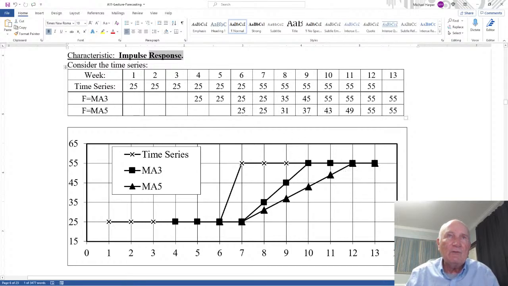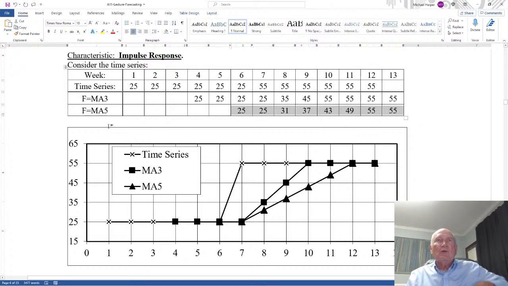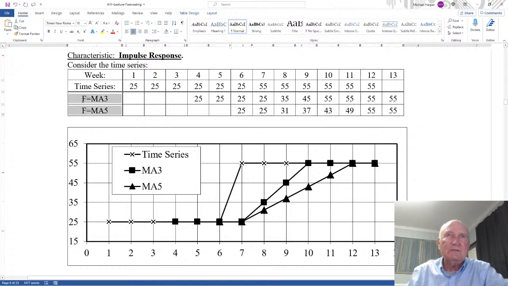Well, if I have a moving average window of 5, and I'm doing that down here, notice what happens. Once it happens, here are my triangles, MA5. It will respond to it after 1, 2, 3, 4, 5 time periods. So the window of a moving average represents the impulse response time.